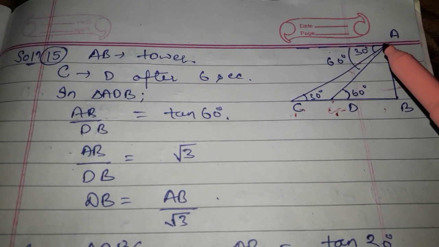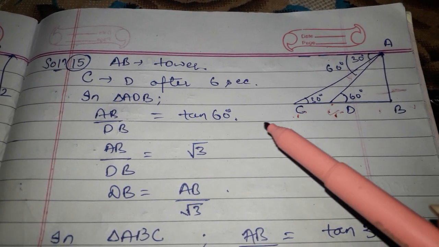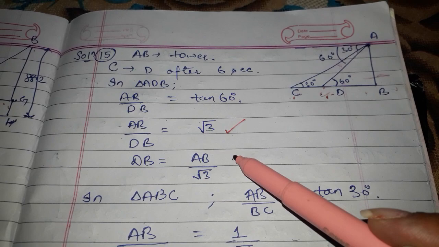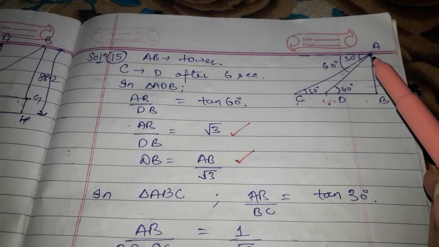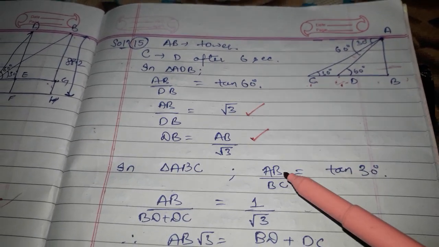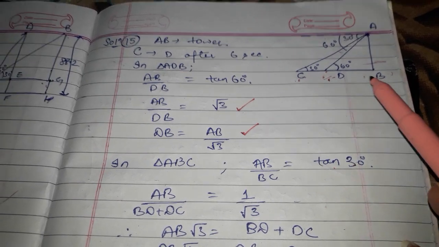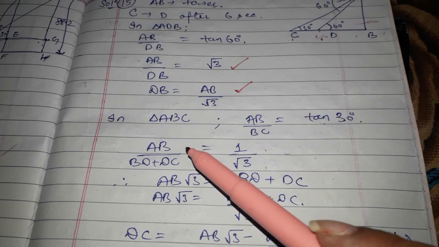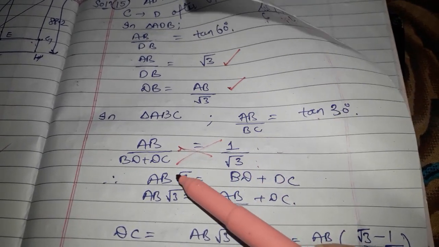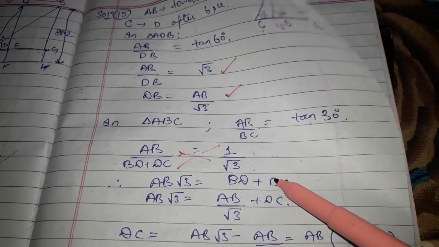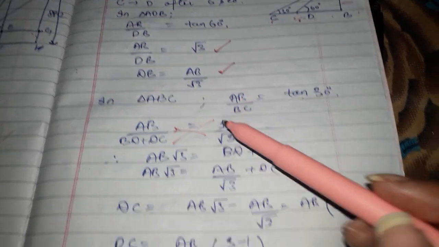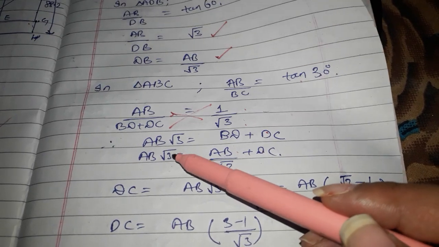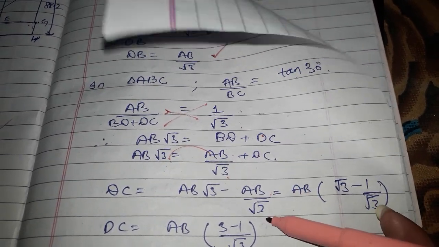In triangle ABD, AB upon BD is equal to tan 60 degree, that is root 3. DB can be written as AB upon root 3. In triangle ABC, AB upon BC is tan 30 degree. BC can be written as BD plus CD, equal to 1 by root 3. After cross multiplication, it becomes AB root 3 is equal to BD plus CD. BD can be written as AB upon root 3, so DC can be written as AB root 3 minus AB upon root 3.